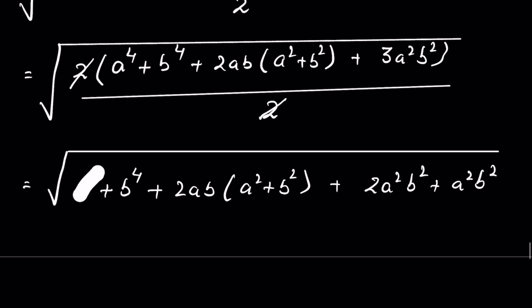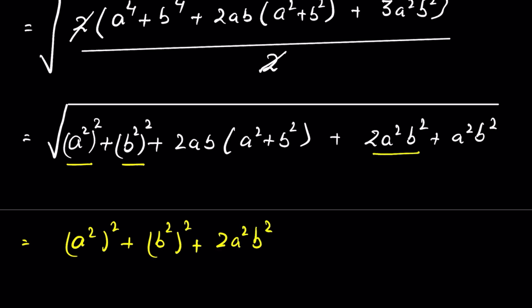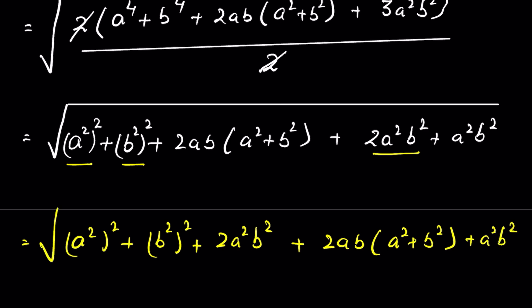Now a⁴ we can write as (a²)², same b⁴ as (b²)². Now let's rearrange it: (a²)² + (b²)² + 2a²b² + 2ab(a² + b²) + a²b², under square root.